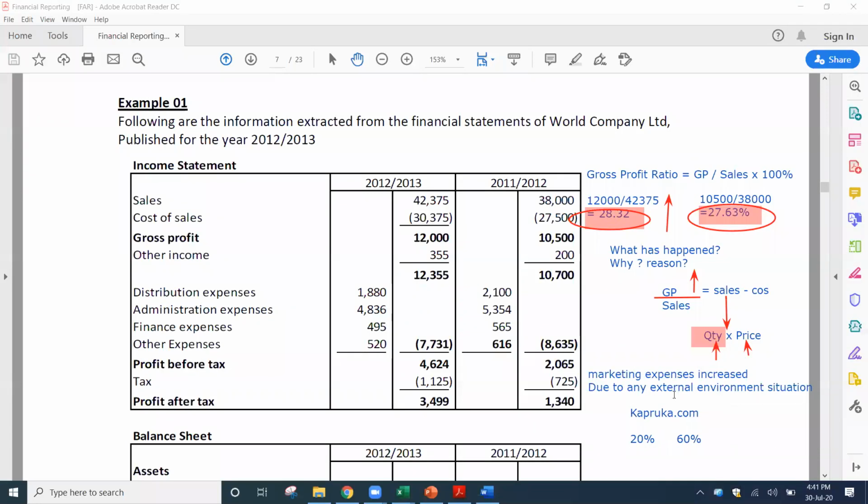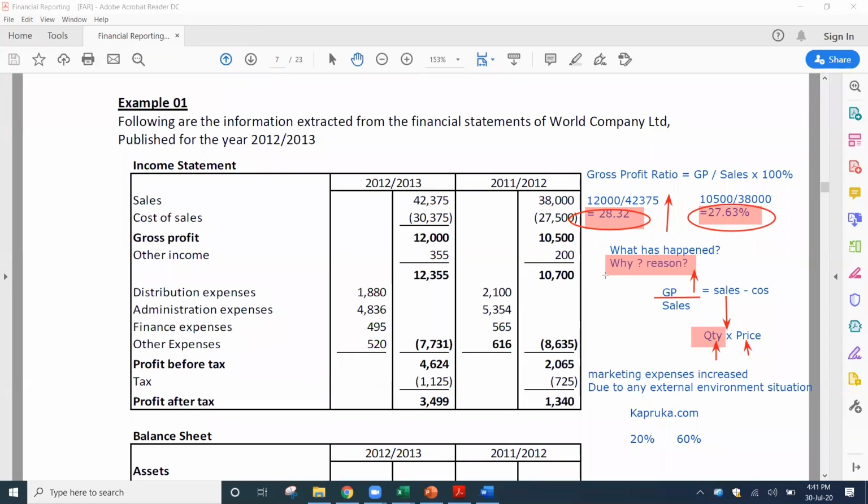This year it might be 40 to 50, maybe 60%. So when you are analyzing, you have to say the gross profit margin has increased from 20% to 60%, and you need to tell the reason why it has happened. The reason is the pandemic situation. Most customers were trying to purchase online, therefore the number of units has increased, and the prices also increased.